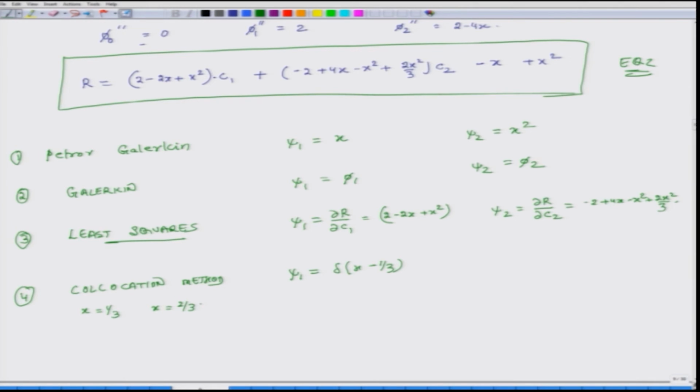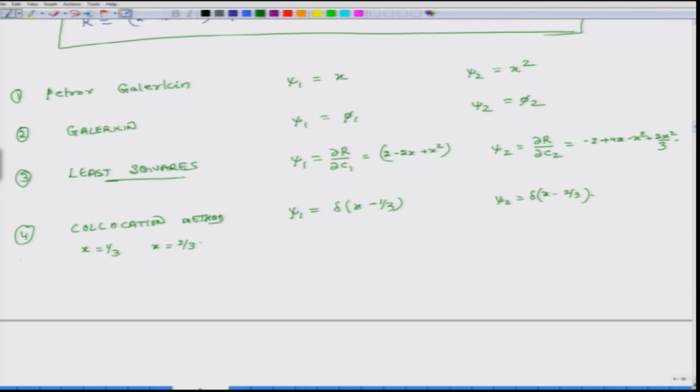Okay. So, in a domain of 0 to 1, these 2 points are the places where the residue is 0 and all the points in the domain are then equally spaced, but I can pick some other points also. So, this is the Dirac delta at x equals 1 by 3 and the other one is the Dirac delta at x equals 2 by 3. Okay. So, these are different weight functions, and the choice of weight function depends on the different flavors of the weighted residual method.